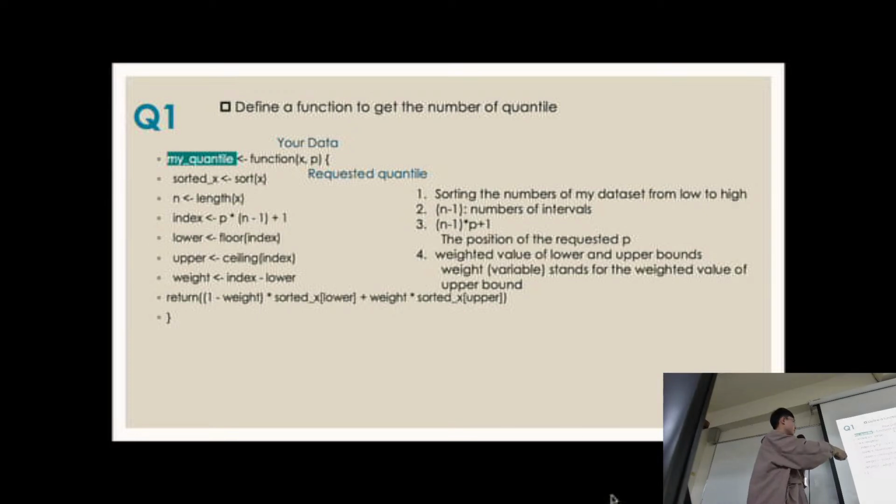But if this weight is 0.2, it means it's closer to the lower bound. So I have to put this 1 minus weight to get the weight of the lower bound.